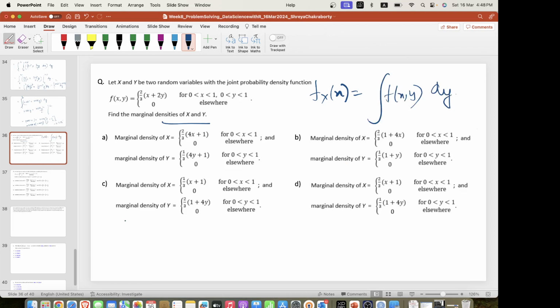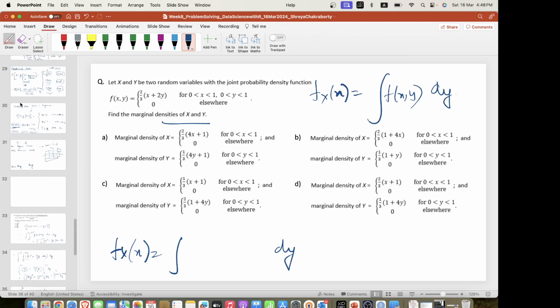Ma'am, please solve one of this type of question where we find the marginal density. Yeah, that's what I'm doing. This is the question, okay?